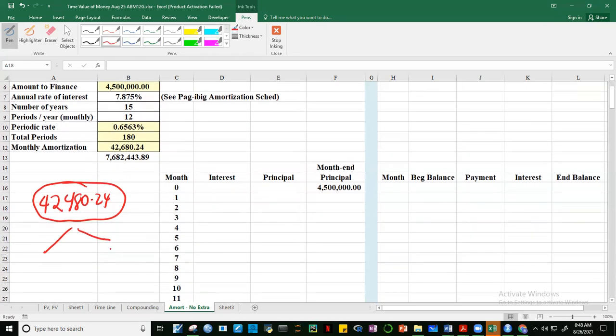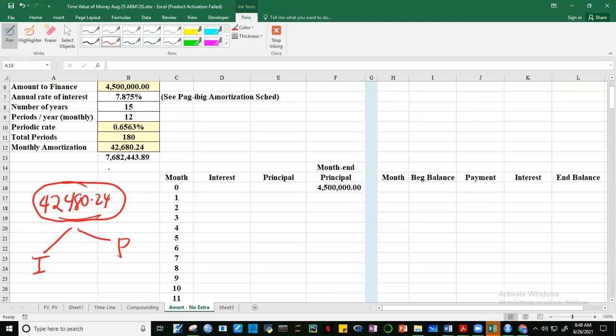Of course, guys, we prefer more to go to principal, because the basis of the interest is the remaining balance of the principal. So in the first month, how much goes to principal and how much goes to interest?